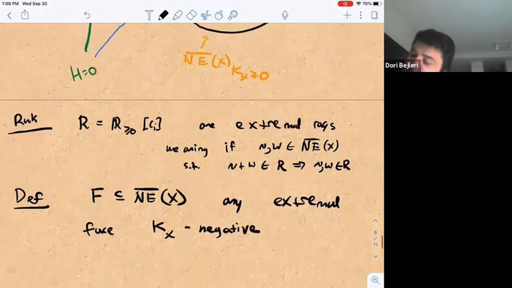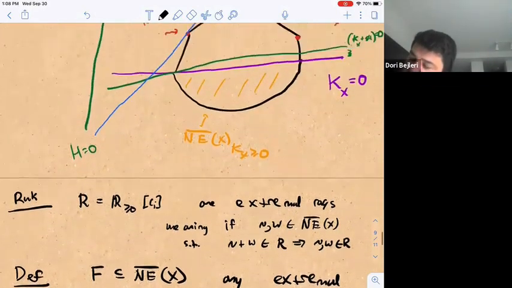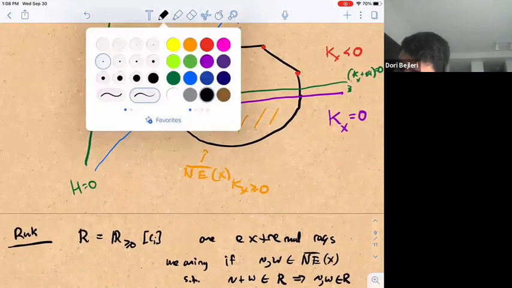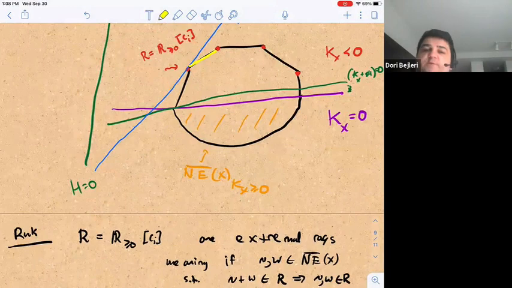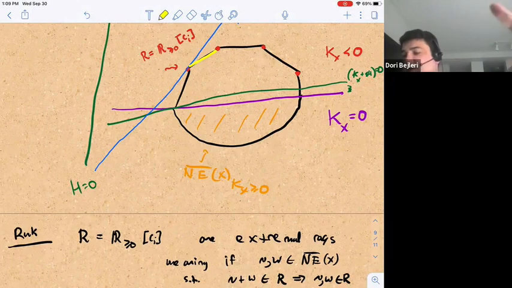So in this definition, I could have just one of these rays, but F could also maybe be one of these faces that lives between rays or in higher dimensions. Maybe it's a higher dimensional face spanned by extremal rays, but whatever it is, it's some extremal face, so it's some face on the boundary that's on the KX negative side.